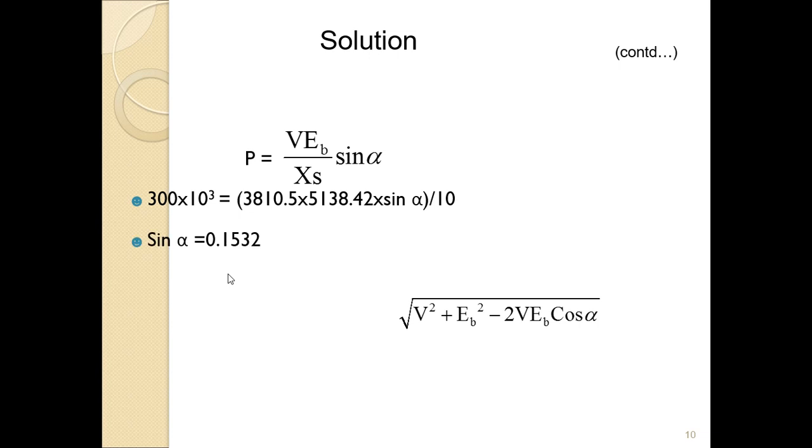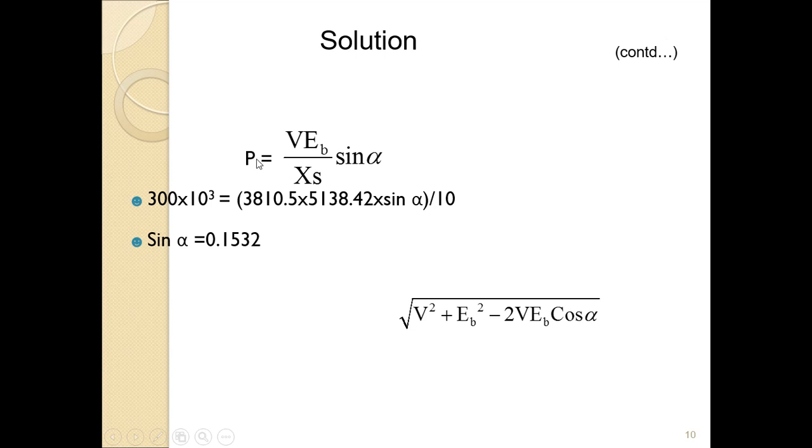So what is the power we have? The power is equal to V EB by Xs into sine alpha. V is the supply voltage, EB is the generated EMF, Xs is the synchronous reactance, and alpha is the load angle or coupling angle. P is the power input. So convert all these values into per phase values.